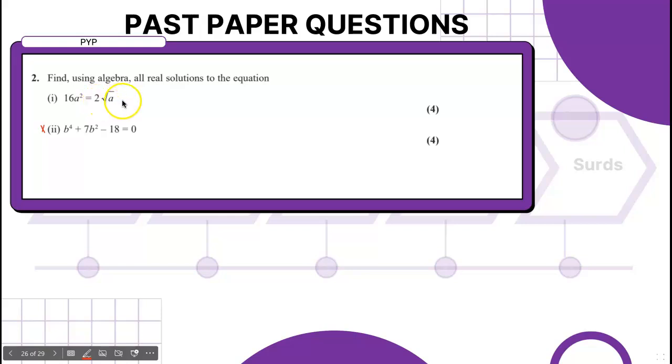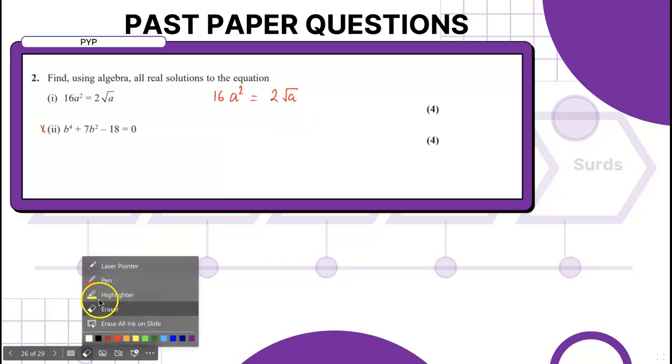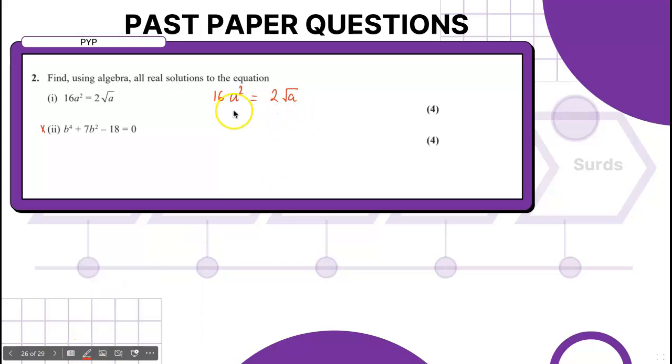Here, what we're going to do, you have 16a squared equal to 2 square root of a. First I will divide by 16 both sides. Or if you are not understanding, let me also tell you the logic. It's not like I want to divide; I want the a's to be on the same side.